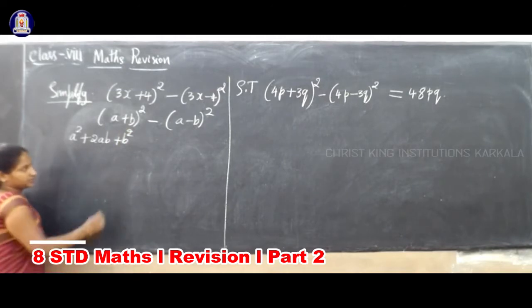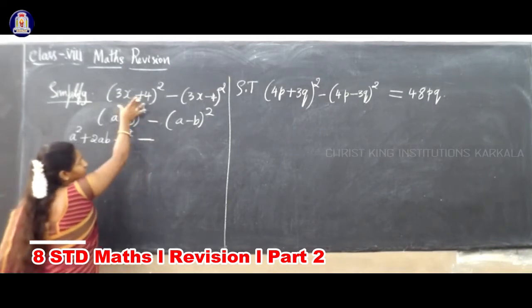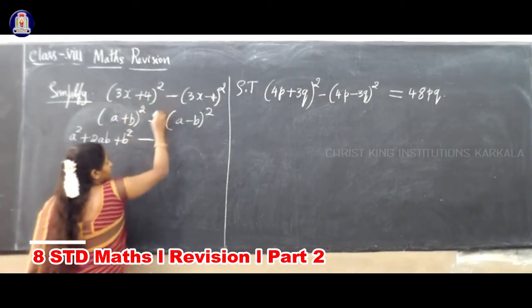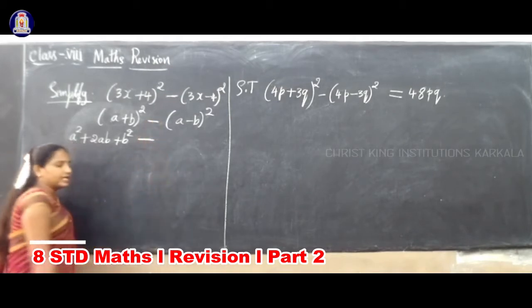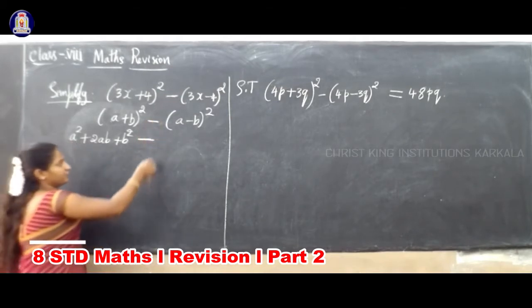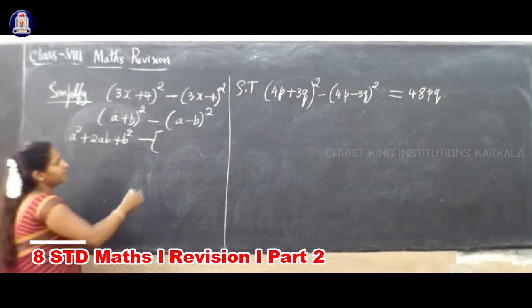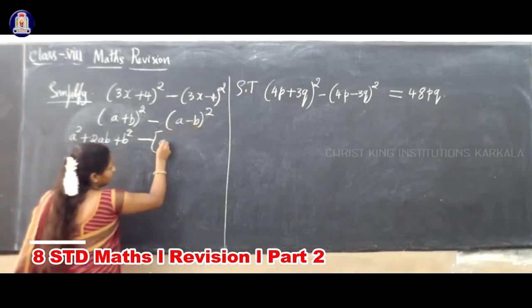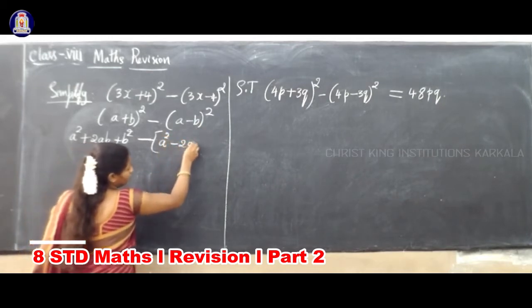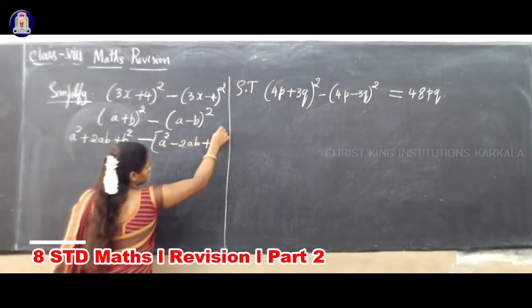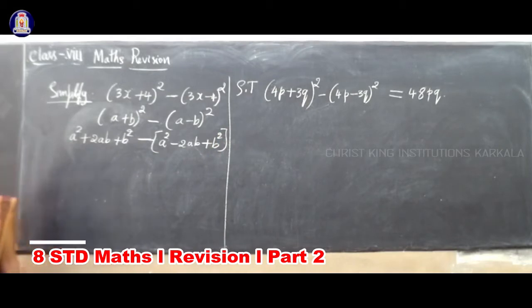In between these two terms there is a sign, that is a minus, so write the minus sign as it is. And next apply the formula: (a − b) whole square means a square minus 2ab plus b square. Clear? So this is the second identity.